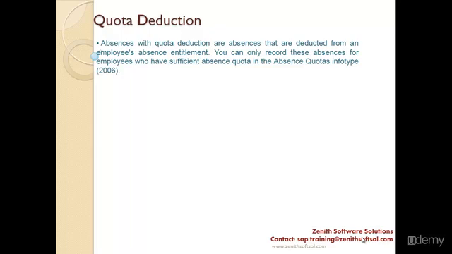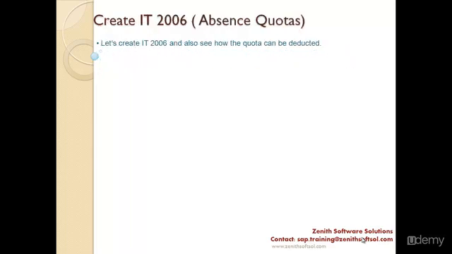That is nothing but quota deduction. In SAP configuration, you need to tell the system that the quota should be deducted. Now let's create infotype 2006, after you decide which method you want to use to generate the absence quota, and also see how the quota can be deducted.